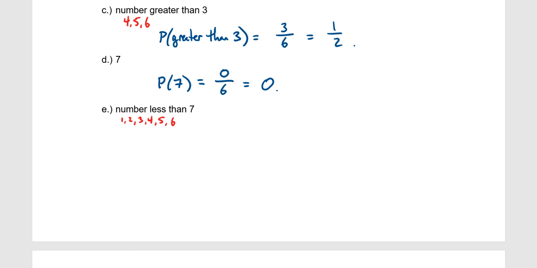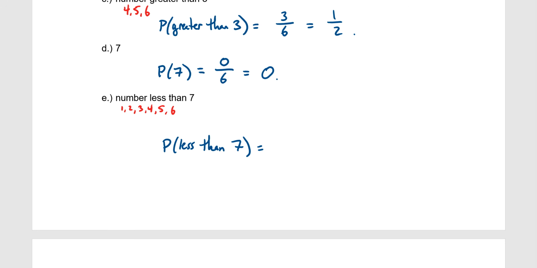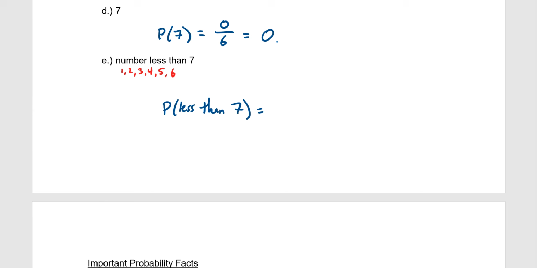It's going to be 1 through 6. So the probability of rolling a number less than 7 is going to be 6 possible outcomes divided by 6 total outcomes. 6 divided by 6 is 1. So once again, if you want to think about that as a percentage, that 1 represents 100% chance.